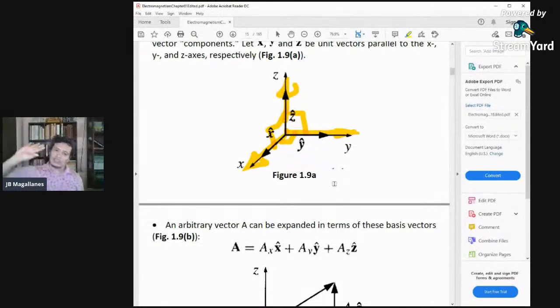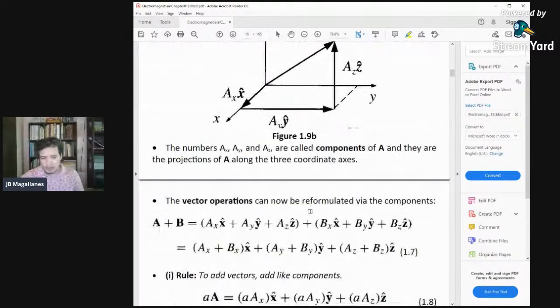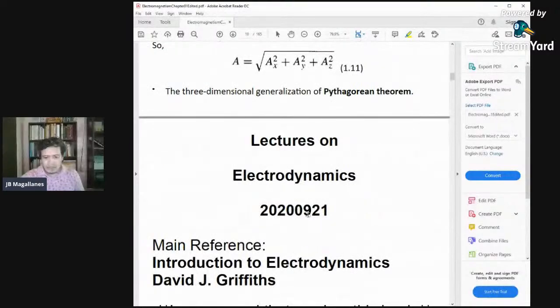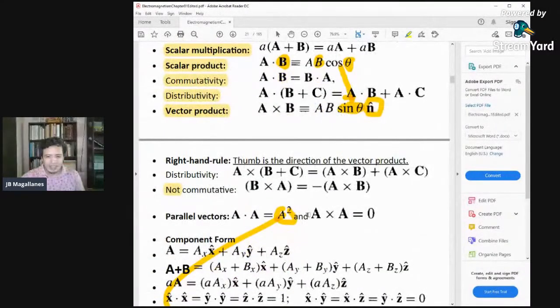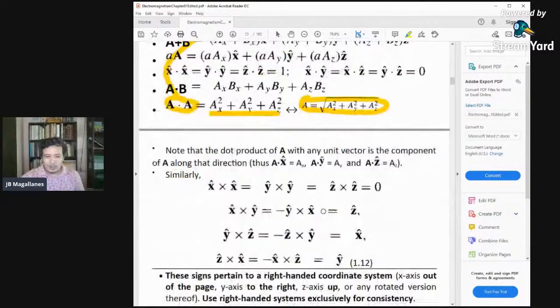So let's look at this in the figure here. If you have x cross y, that would be z. But y cross x would be negative z. So you just use your right hand and it will help you in erasing your confusion with the direction of the cross product. So x cross x, y cross y, and z cross z would just be 0, and x cross y would just be z, but y cross x is the negative of that because the direction is different.